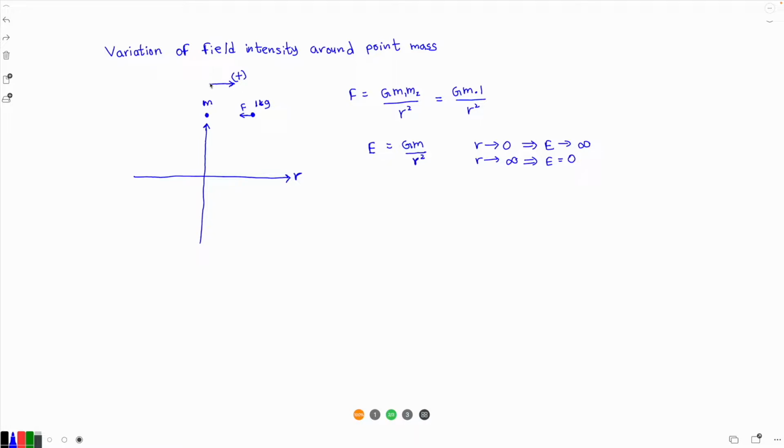We consider force in this direction as positive, but the force acting in the opposite direction is negative. So all the field intensities on the right side of the mass are negative. Considering these two properties, we can draw the graph of field intensity like this.